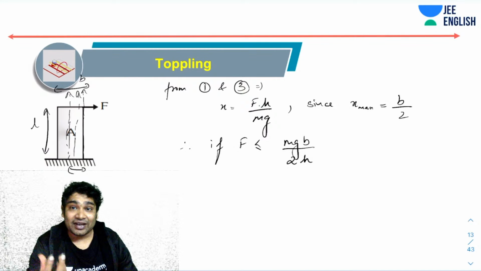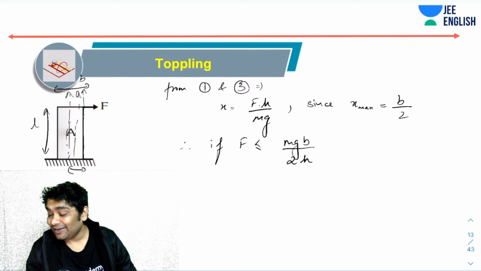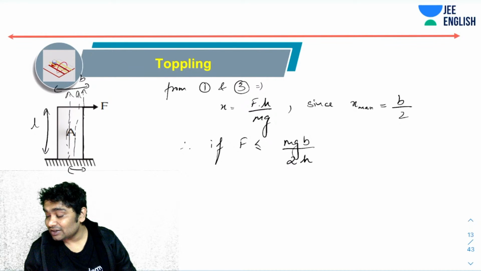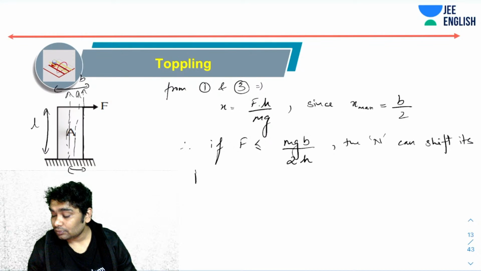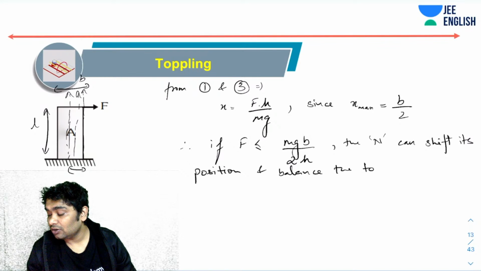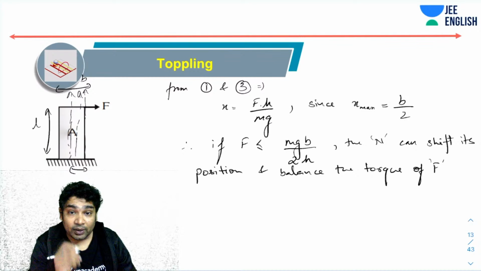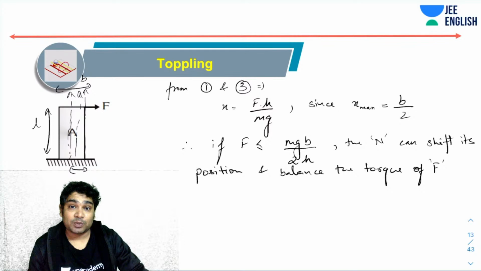Now, what happens if I increase it further? What happens if I increase it further? So let's write this. For F less than this, N can shift its position and balance the torque of capital F. However, the moment capital F exceeds this value, N has no more space to shift.